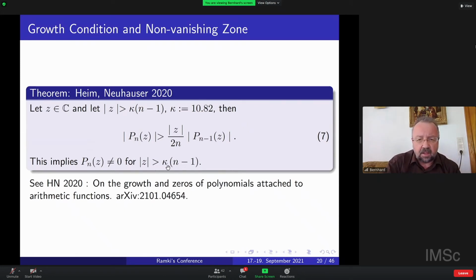But you see, this bound goes with n, so it does not solve our problem with -24.